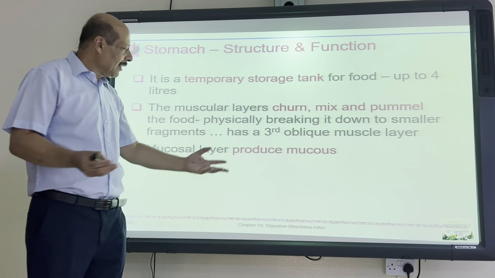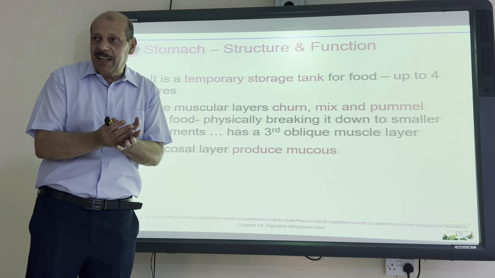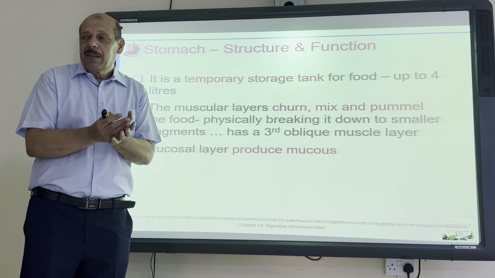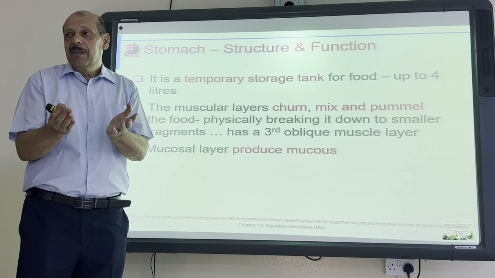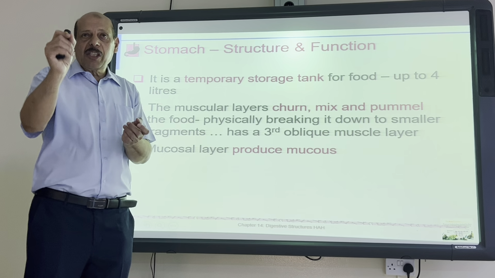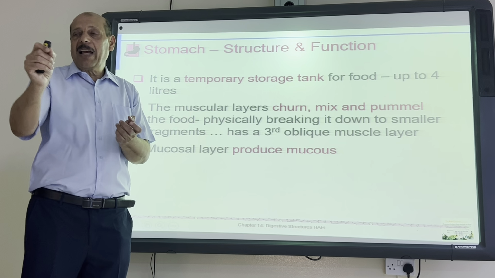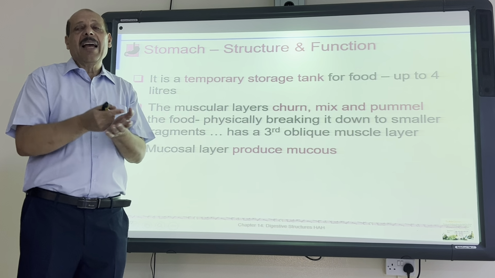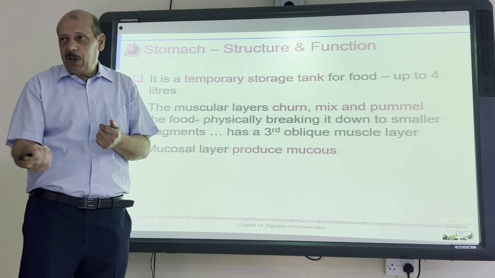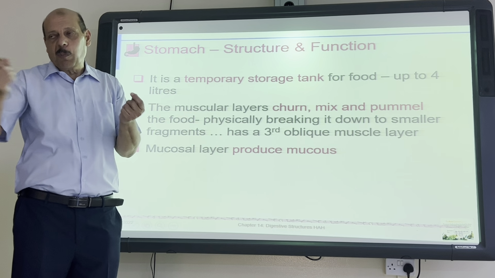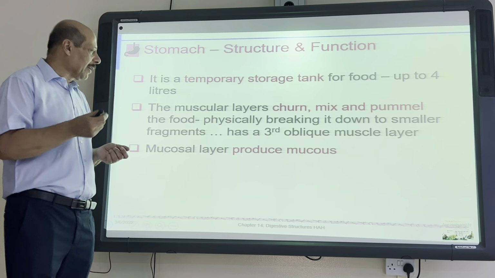Otherwise, if that mucosal layer is not there, what will happen? The HCl, the hydrochloric acid, and the enzymes will affect the wall of the stomach, leading to breakdown of the wall of the stomach and the muscular layer.